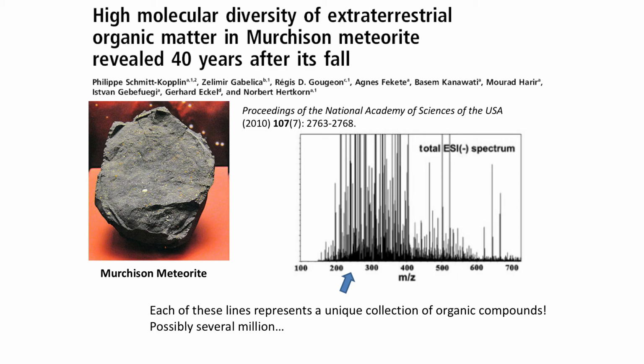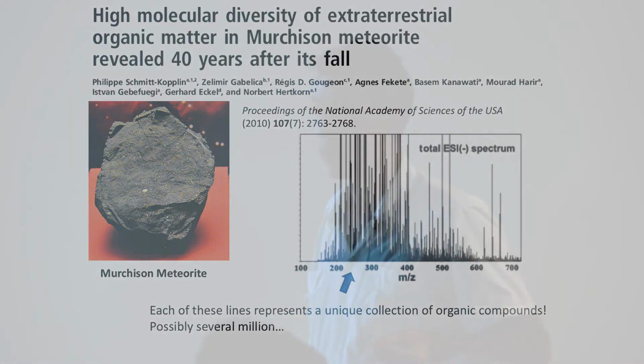There are thousands and thousands of compounds with distinct weights. Okay, so they're all different types of organic compounds. And just as there might be more than one person in this room who weighs, say, 75 kilograms, there may be multiple chemicals that have the same weight. So in fact, this is probably tens of millions of distinct types of organic compounds. Right? Very, very complex chemistry going on in our solar system.